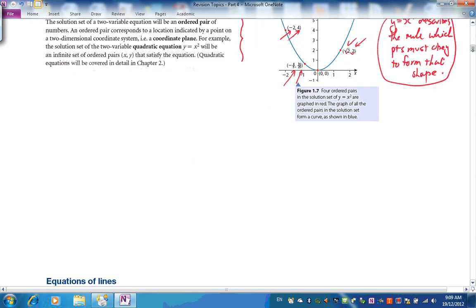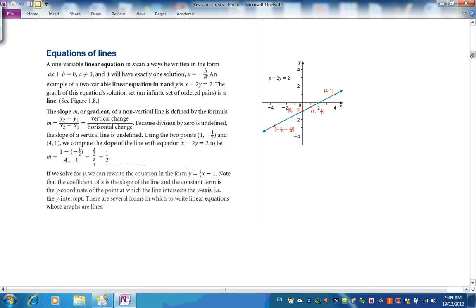Okay, well, let's have a look now at some equations of lines. And I hope these are friendly to you, because this is really year 9 and 10 work now.